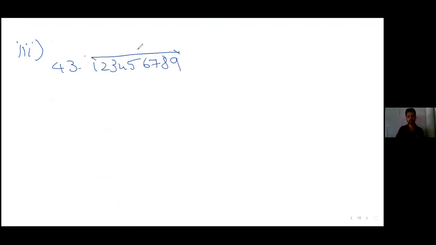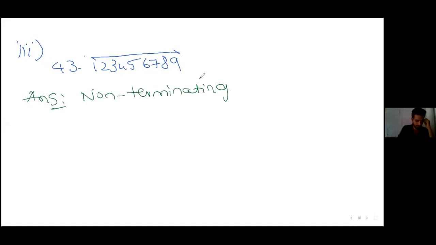The line above actually says it is repeating, but it is non-terminating. It goes on. So our comment is, it is non-terminating but repeating decimal.